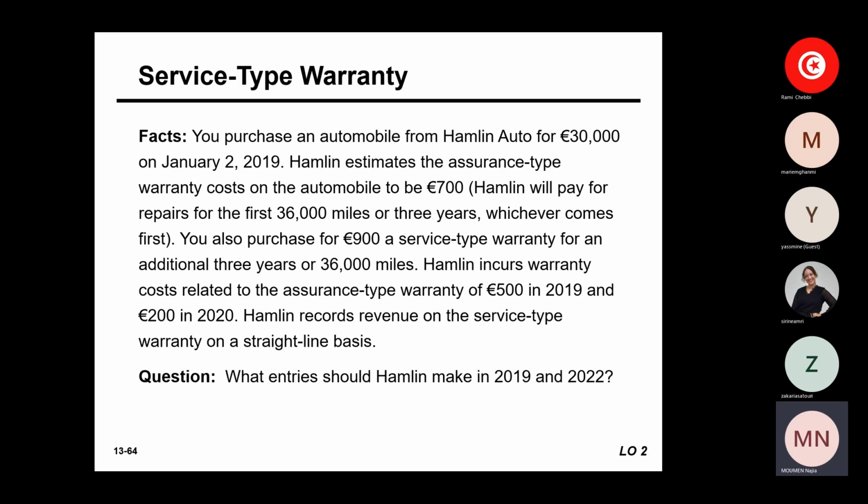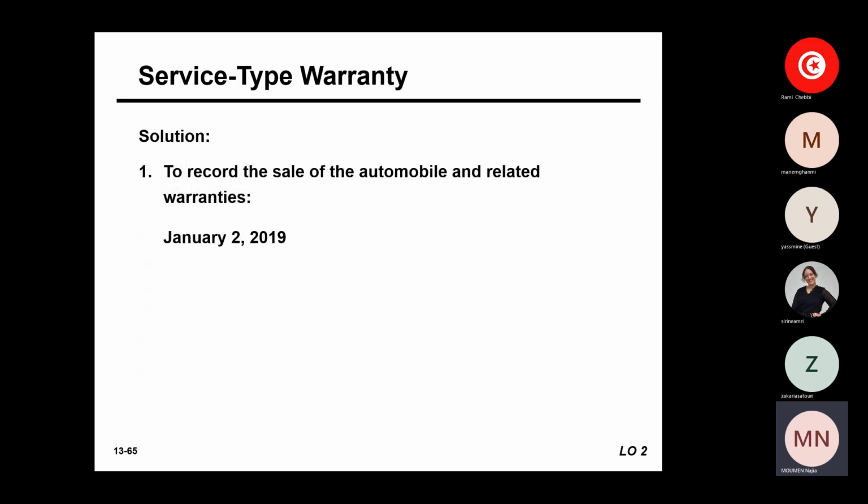At the same time, I should record in 2019 what I collected as unearned warranty revenue, that's about the service type warranty. And then I should record the revenues on a straight line basis, so over 3 years. So I have the list of journal entries to perform.